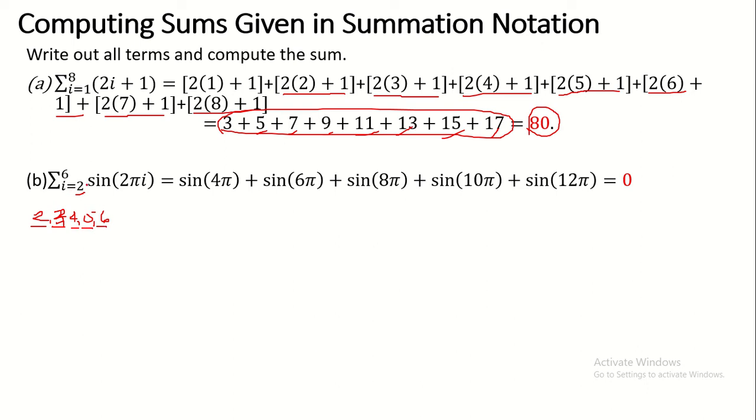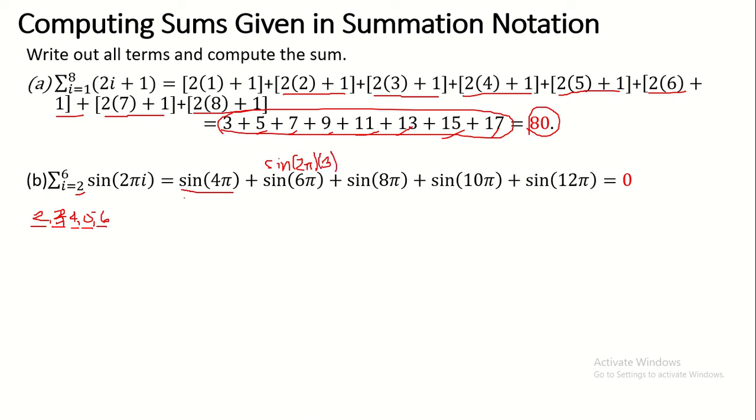So if we have I is equal to 2, so we have sine 2 pi times 2, so we're going to have sine times 4 pi. If I is equal to 3, so susulat natin, sine times 2 pi times 3.